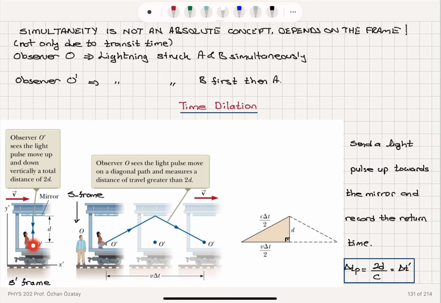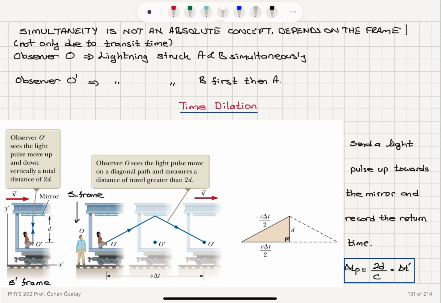So the source location is the same with respect to this S prime frame observer, so that's not changing. So the time interval between an event initiated at the source and finalized at the source at the same point in space, therefore this observer is measuring the proper time.